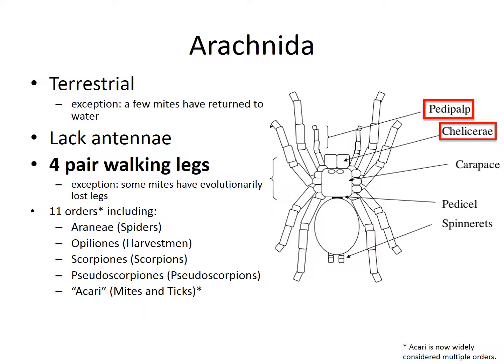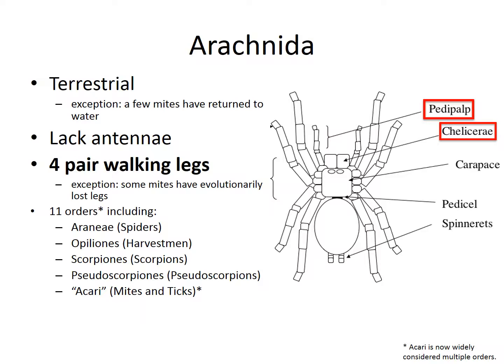Most of them live on land. Now, there are a few exceptions. There are some mites that have returned to the water and are now aquatic, or semi-aquatic. And there are a few spiders that actually live at the air-water interface and dive in bubbles under the water and stuff like that. But for the most part, you find arachnids in or on dry land.